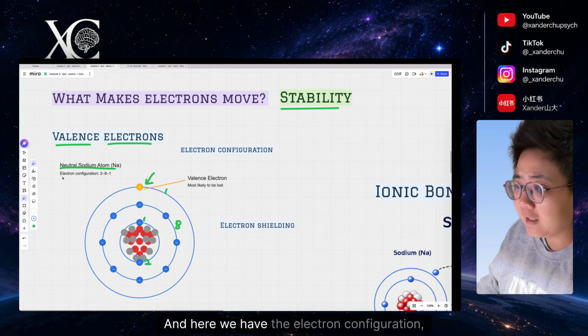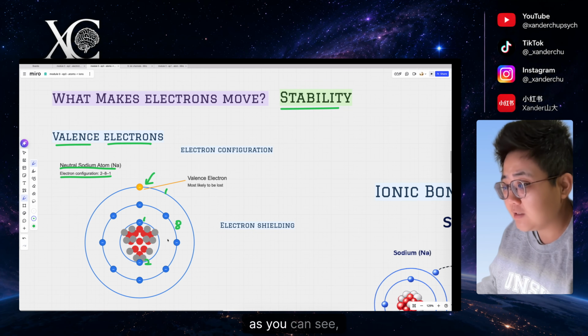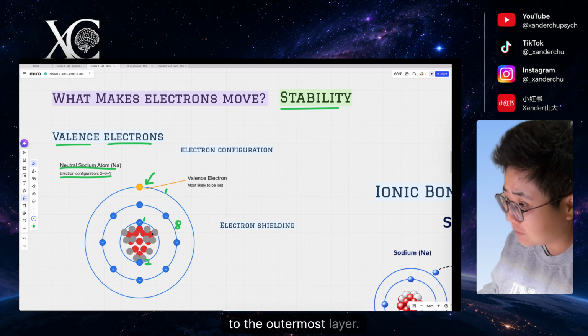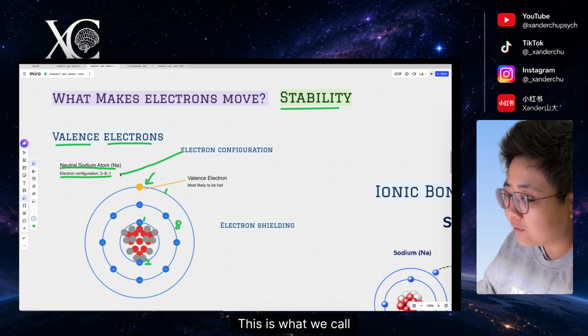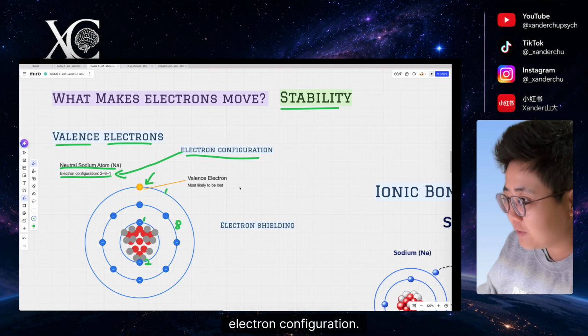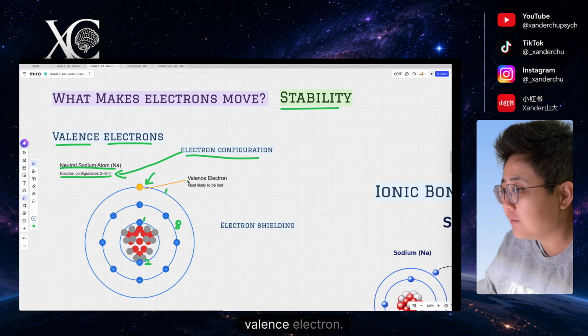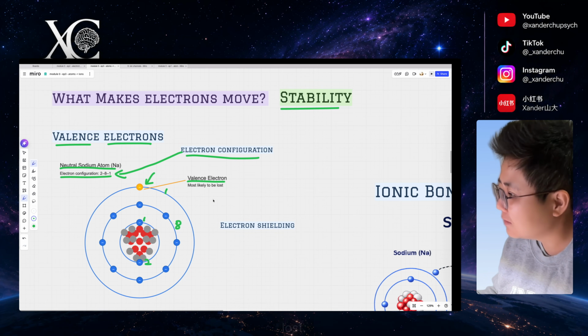And here we have the electron configuration. As you can see, it goes from the innermost layer to the outermost layer. So 2, 8, 1. This is what we call electron configuration. And the one on the outermost layer is called the valence electron. They're the most likely to be lost.